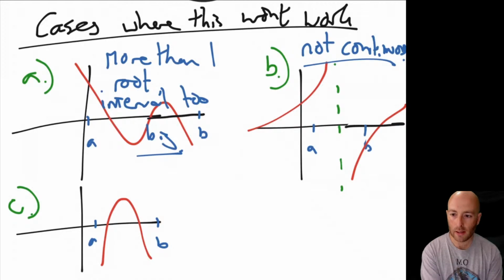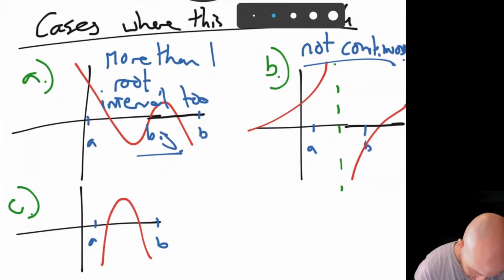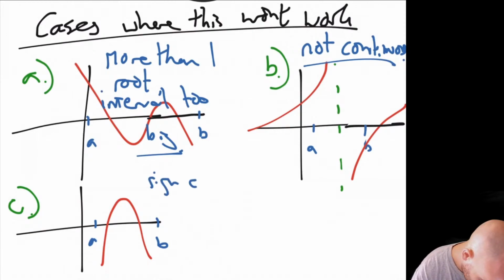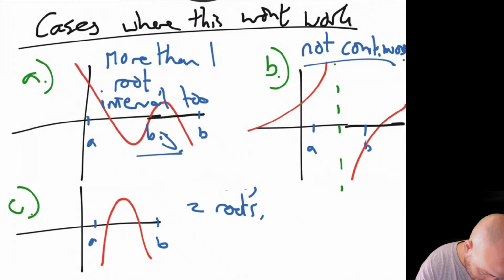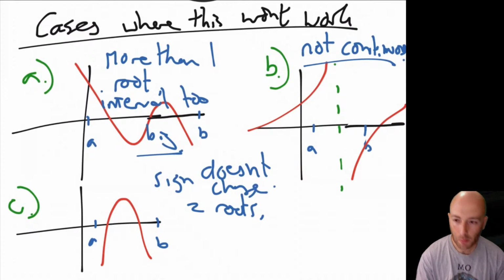There is a sign change, but there is no root. And for part C, the sign doesn't change, but there are actually two roots. Sorry, what am I talking about? The sign doesn't change, but there are two roots.